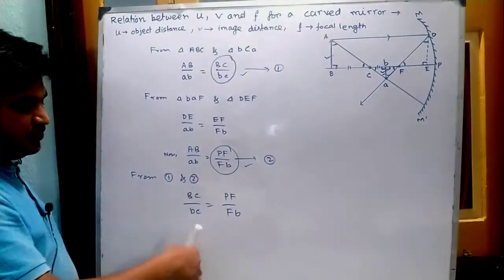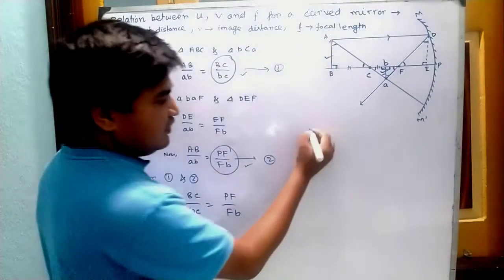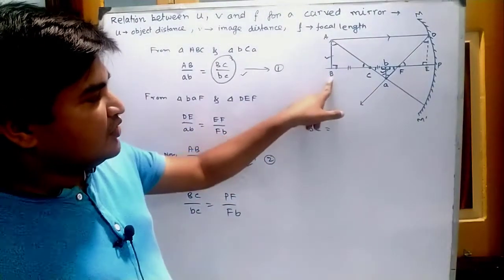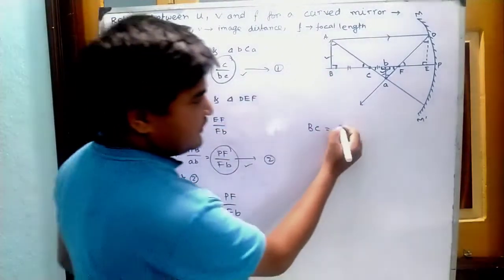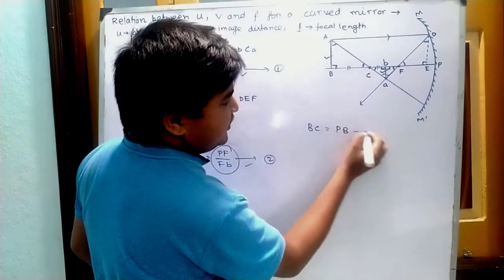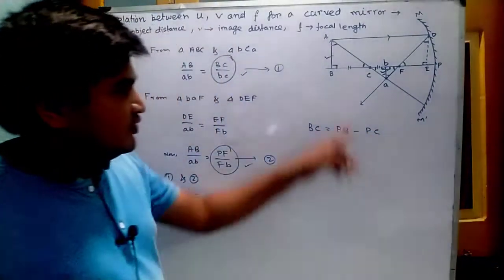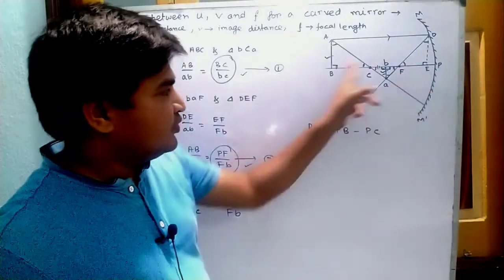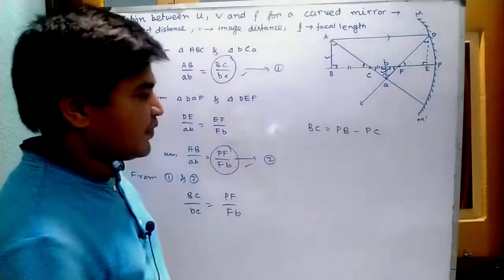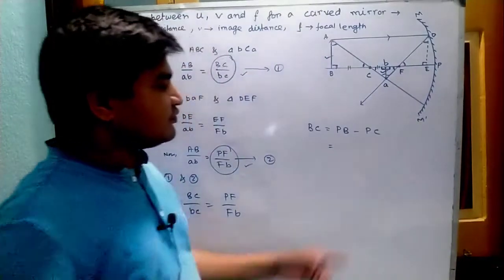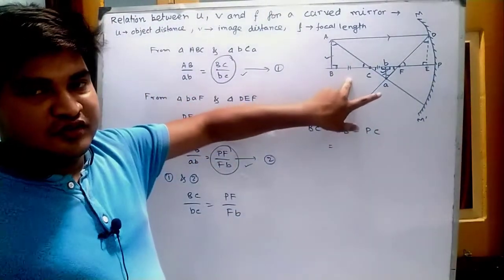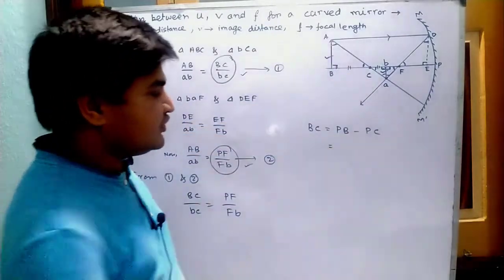Now we have to find out those distances. First, BC. BC is the distance of the object from the center. We can write it as PB minus PC. PB is the object distance.